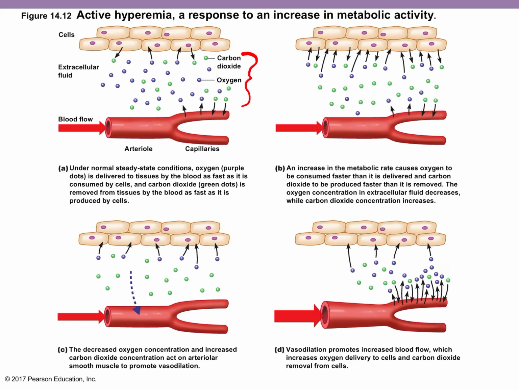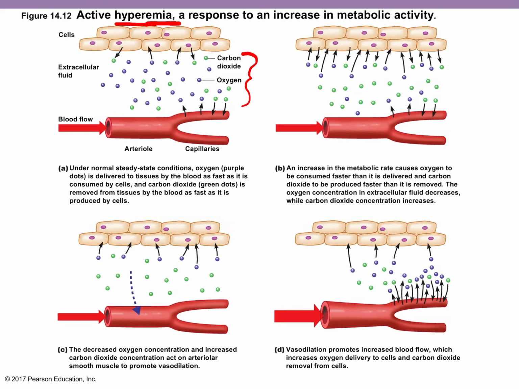Under normal conditions, if you're not cranking up your metabolism, you're going to have, in letter B, a steady state. Oxygen is delivered as fast as it's consumed, and carbon dioxide is removed as fast as it's produced. So you have an even flow, and neither of those gases is building up.